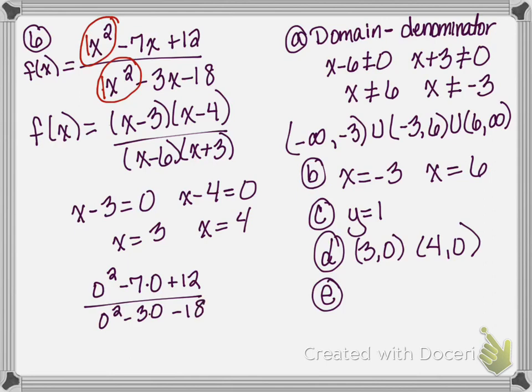Okay, and I'm left with 12 over negative 18 as my y-intercept. What does that simplify to? Negative 2 over 3. Good, you got it. 6 goes into both of those. Okay, so that is one we did not do today in class that you want to make sure you've got.